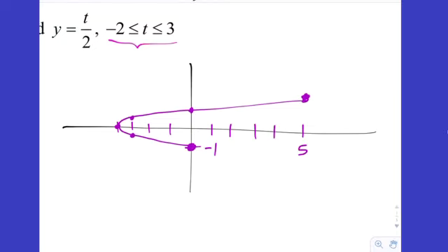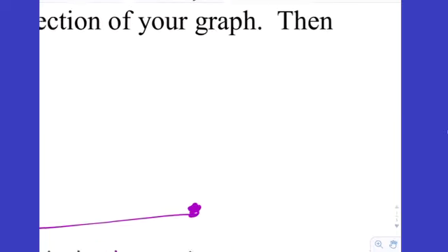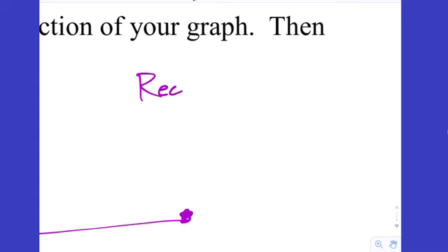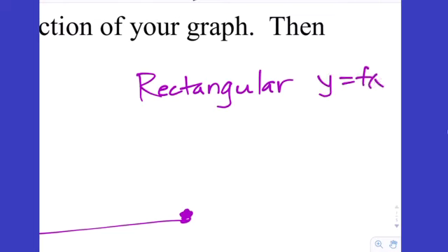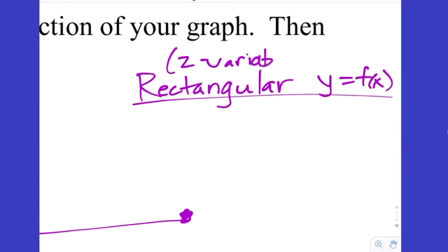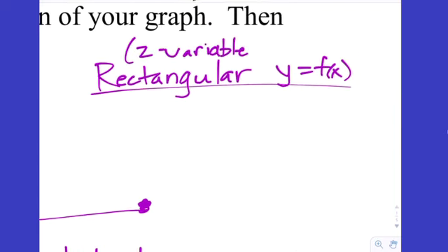So what a rectangular function, something like y equals f of x, we're going to call it rectangular. It's just rectangular coordinates. It's 2 variables, okay? A rectangular graph, y equals f of x, gives the path.